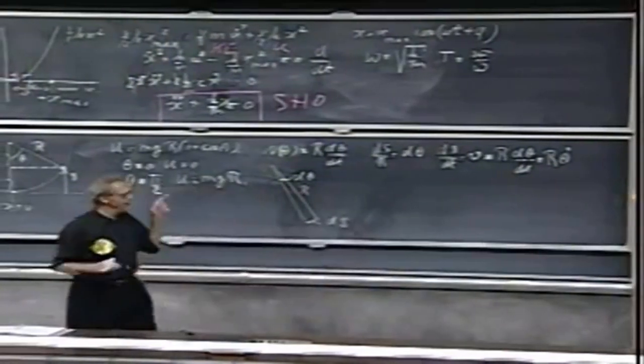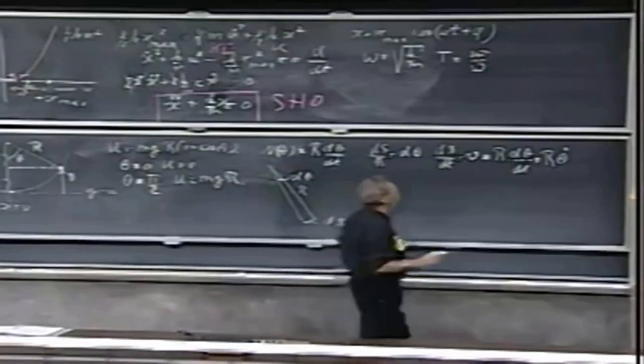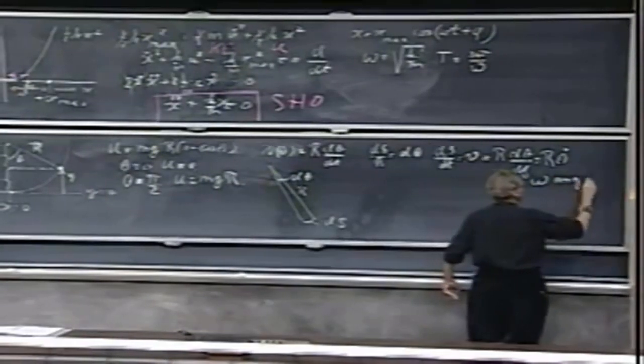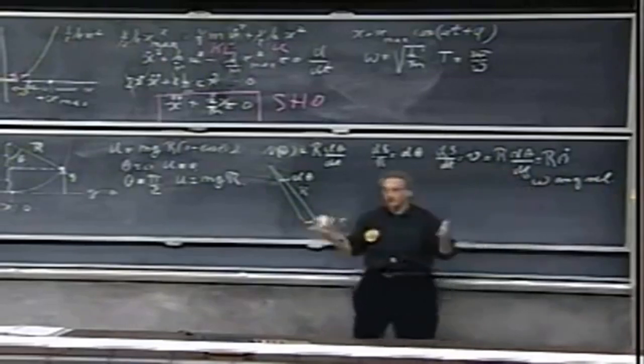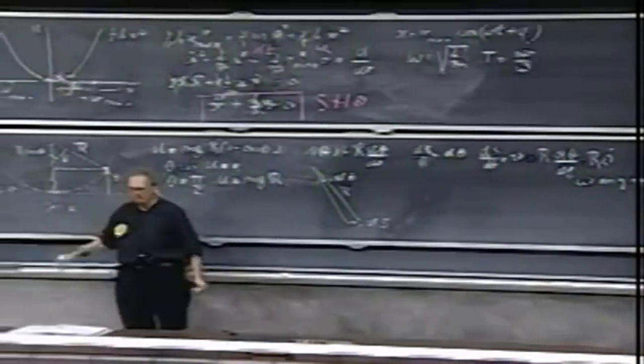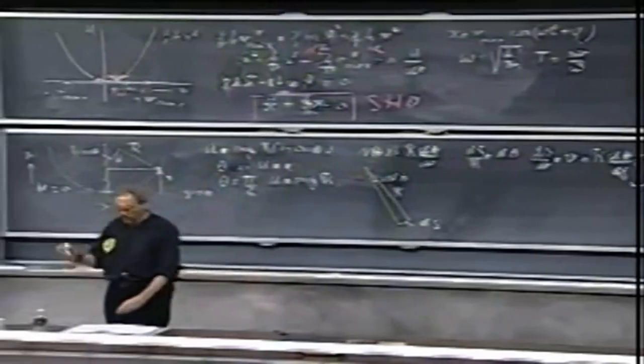But keep in mind that in this case, the angular velocity omega is changing with time. The angular velocity is 0 when you release it, and is a maximum when it goes to the lowest point.